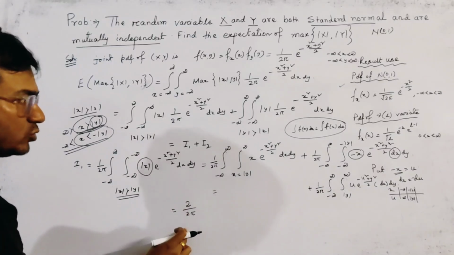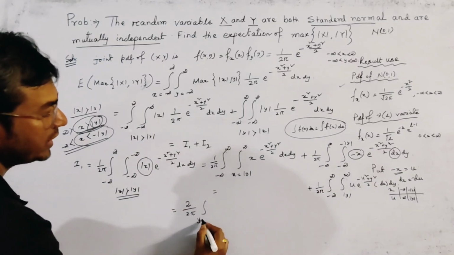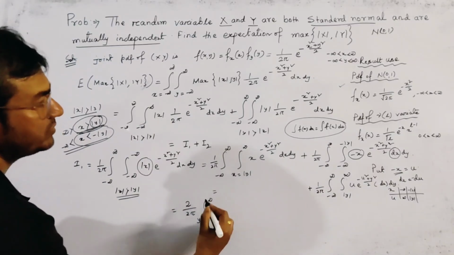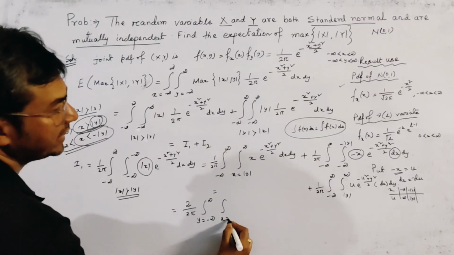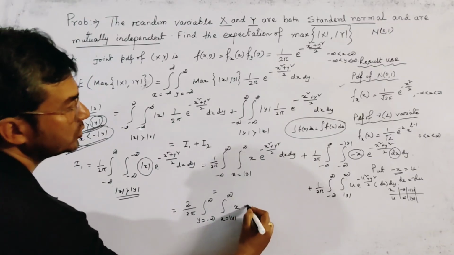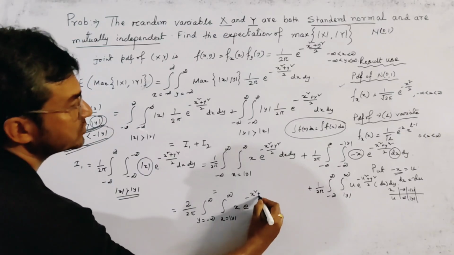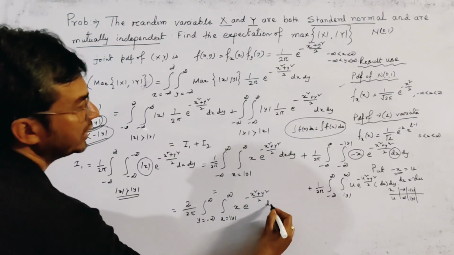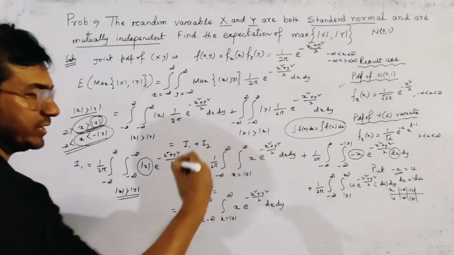So we write 2 by 2 pi integration over y from minus infinity to infinity, and integration over x from mod y to infinity, of x into e to the power minus (x square plus y square) by 2 dx dy.